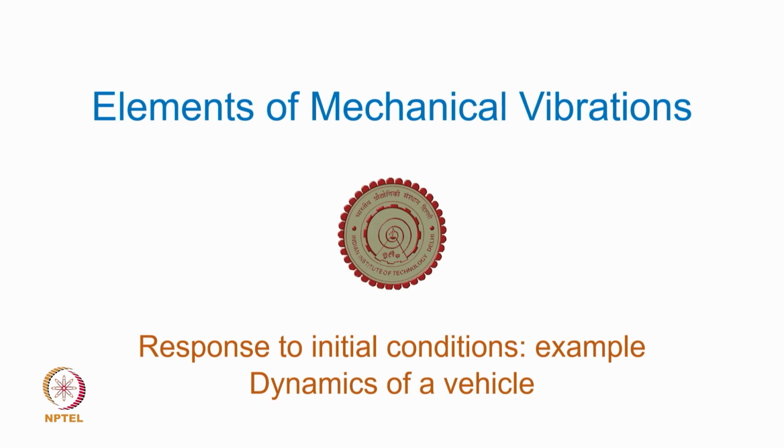So, it is still a single mass, but having 2 different degrees of freedom in contrast to what we discussed for a 2 degree of freedom system. So, such dynamics of 2 degree of freedom system will be explored in today's lecture.